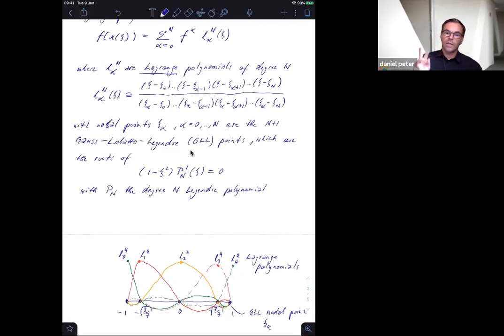So we will have these n+1 polynomials and n+1 nodal points. And these nodal point positions are fixed by this characteristic equation with the Legendre polynomial. We look at the roots of that equation, and that determines what these psi alpha positions are for these polynomials.